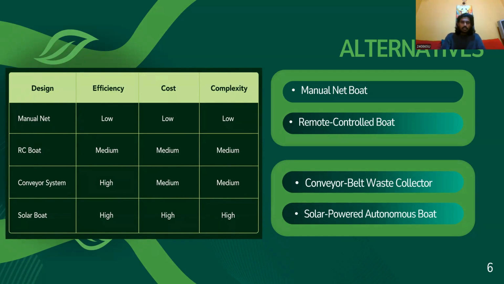So we chose as our design project the conveyor belt wastage collector, because compared to the solar powered autonomous boat, our project has less complexity in a technical way, and also our efficiency was somewhat higher than the manual net or remote control board.